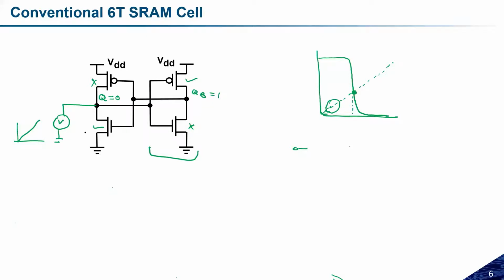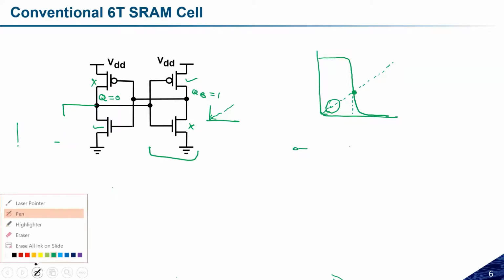This is doable, but you have to do it on the opposite side as well. This voltage should change from 0 to 1, and this voltage should change from 1 to 0. Then you can change the latches. Let me complete these things, then you will understand the importance of this. Let me clear this side first.